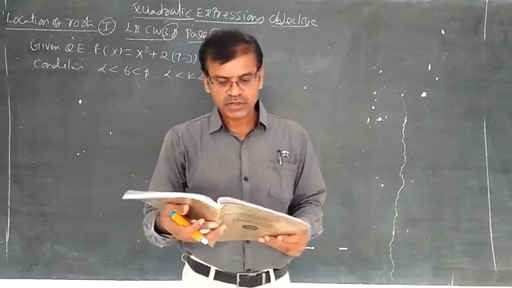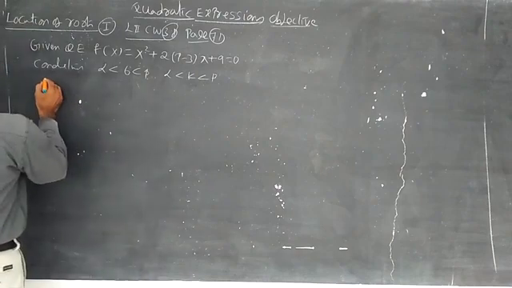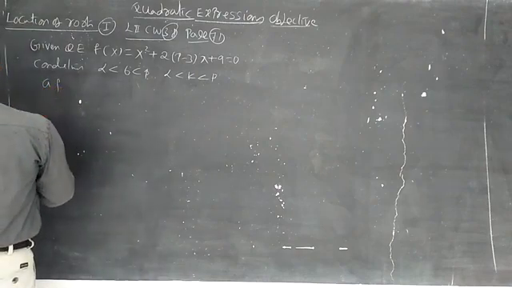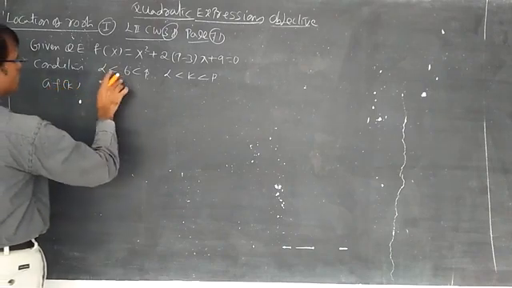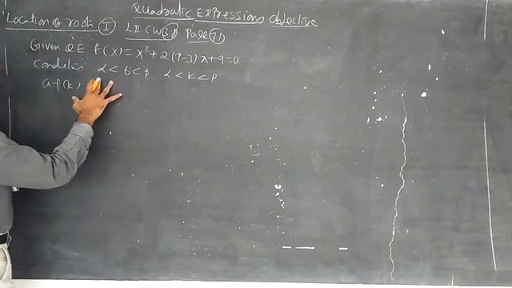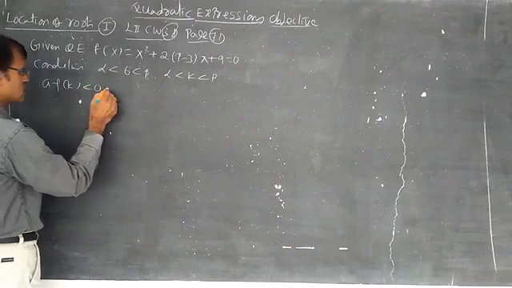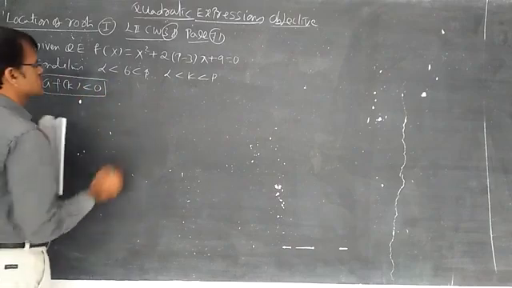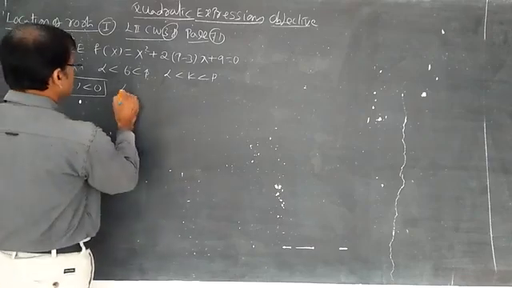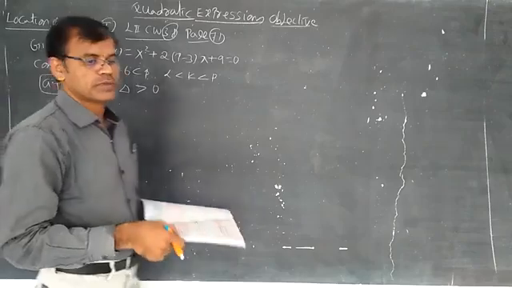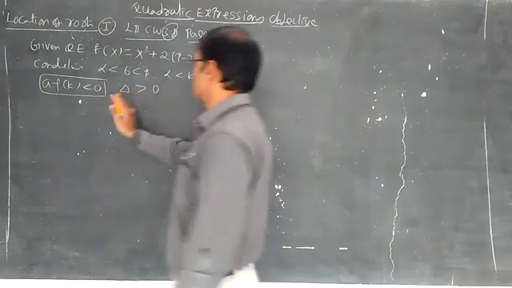Since alpha minus 6 is less than 0 and 6 minus beta is greater than 0, plus into minus gives minus. So a into f of k less than 0 is the first condition. Next, there is no relation between k and minus b by 2, and delta greater than 0 only, because two distinct roots should exist.